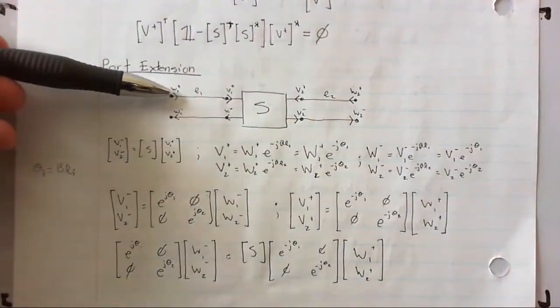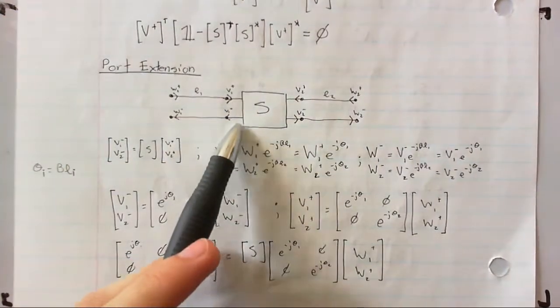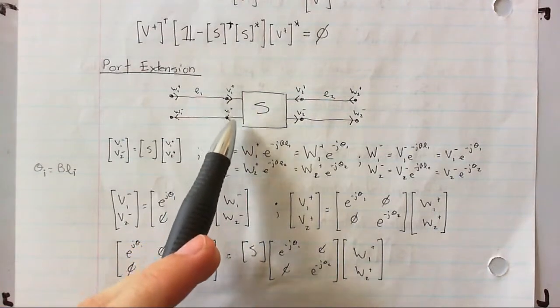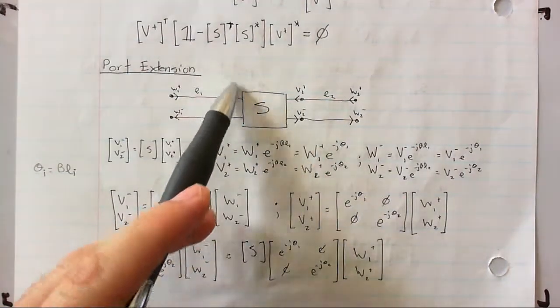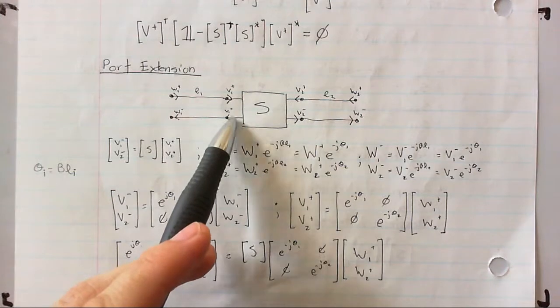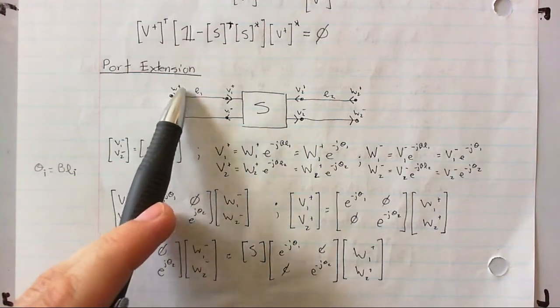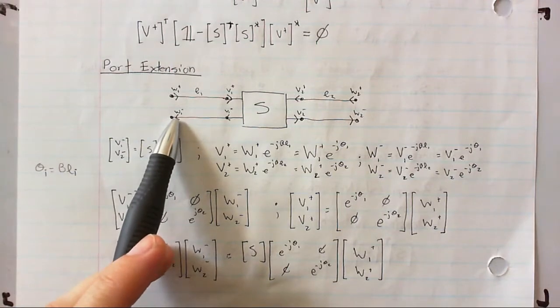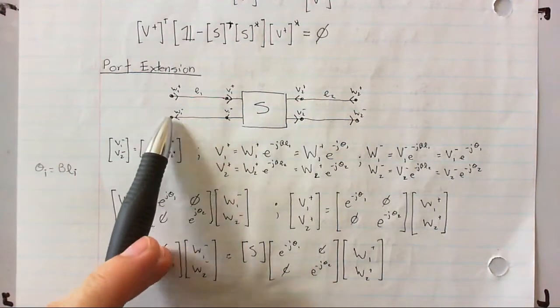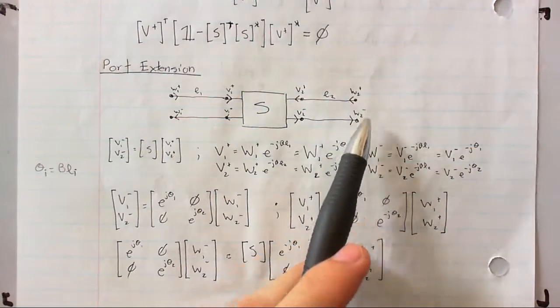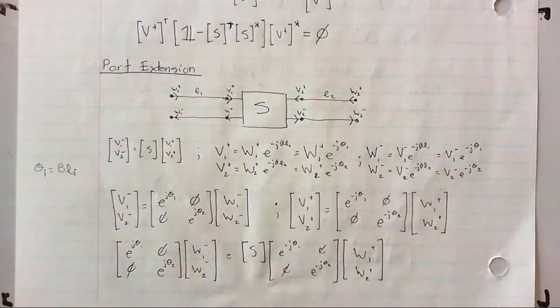And the scattering matrix is going to have V1 and V2 plus and minus at port 1 and port 2. And then at the cable length, we have W1 plus and minus at the end of the transmission line, and W2 plus and minus at the end of the L2, or at the end of the port 2 transmission line.